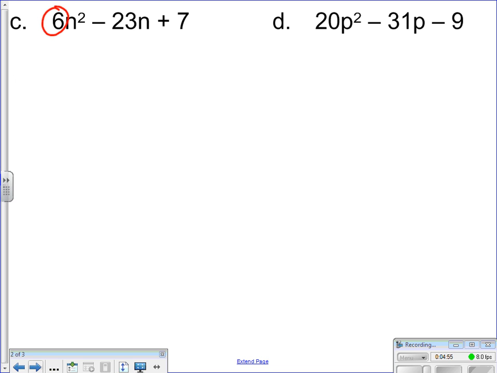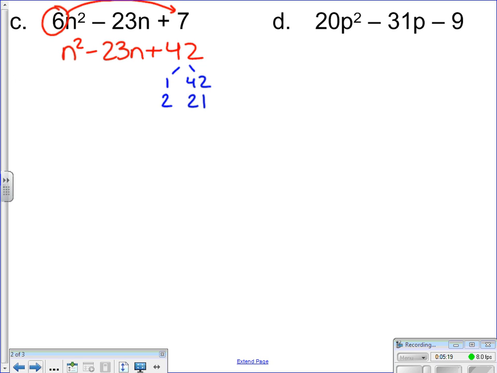Okay, so 6 times 7. That's 42. And now I'm going to figure out what times what makes 42. 1 and 42, 2 and 21. Oh, I think 2 and 21 is going to make 23.